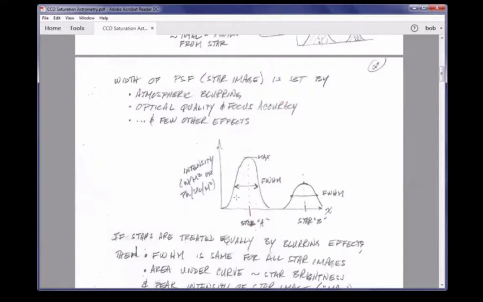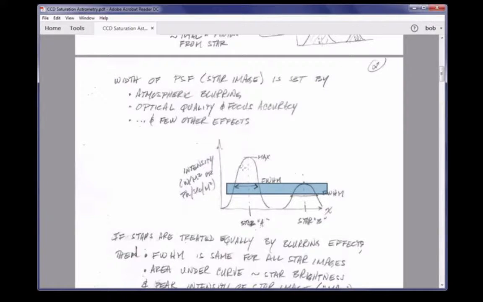On the other hand, if you set your screen contrast so that you were viewing just this region of intensity, you'd see a big, broad, maybe sort of circular image of star A, and you might barely see a little dot in star B because you're only seeing this little portion of it.